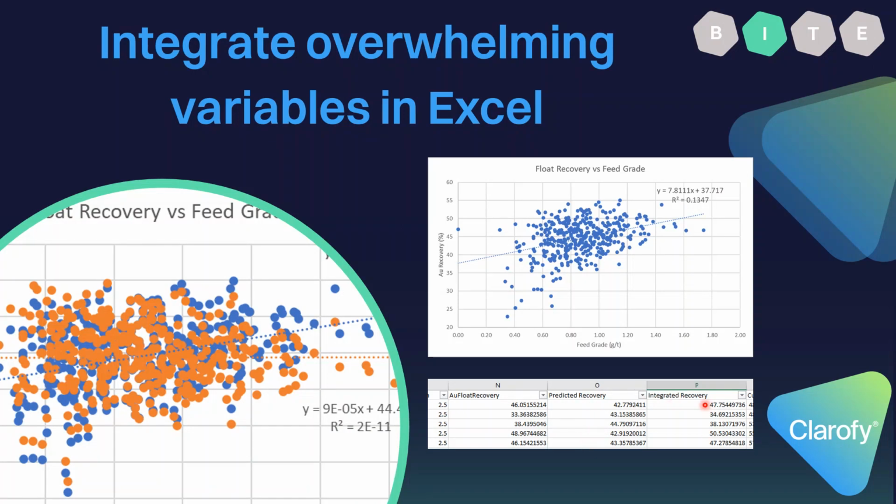And then your second new column is your integrated recovery, and this is just your actual KPI, the float recovery, minus your predicted KPI, plus the mean of your predictions, for each row. So that's all your integrated recovery is.